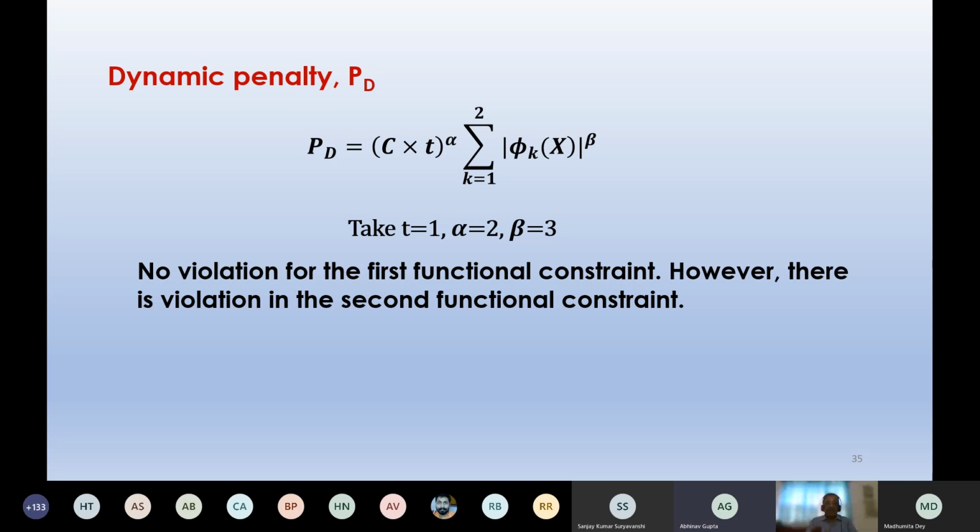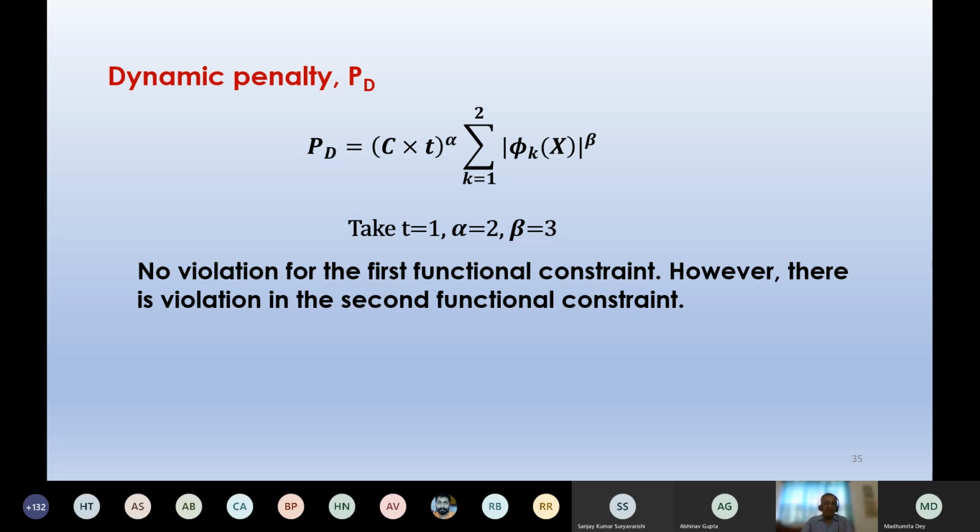See, what I discussed is the principle of three different approaches: static penalty, dynamic penalty, and adaptive penalty. For the same problem, if you use these three approaches, you'll find that dynamic penalty and adaptive penalty could be much better compared to the static penalty. These are three different approaches, proposed by three different proposers.